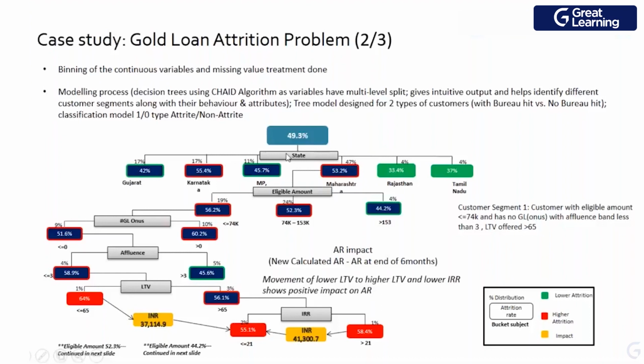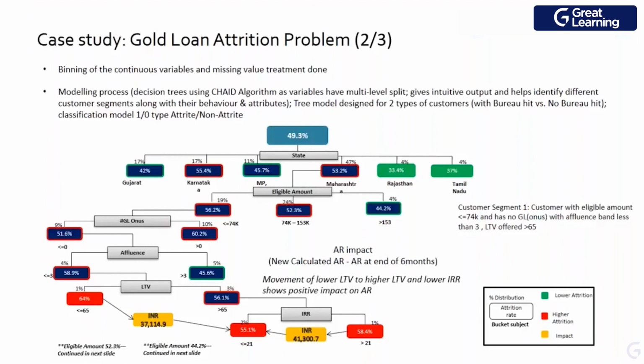And then the next is the eligible amount, how much a customer is eligible to get as a loan. It can be less than 74K, 74 to 153K, or greater than 153K. So this is your next splitting criterion.